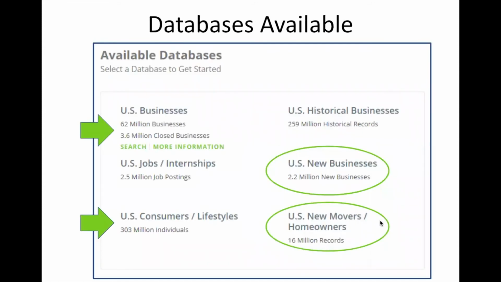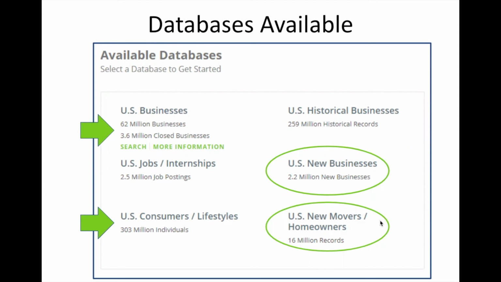So as I said, today we went through the US businesses database as well as the US consumers and lifestyles segment of Reference Solutions. The US new businesses, as I mentioned, might be a great one to look at to see if someone else is also starting a new business in your area and who your new competitors may be.